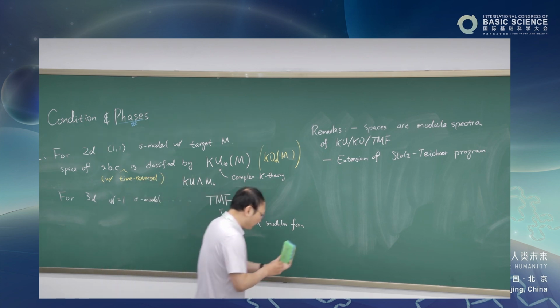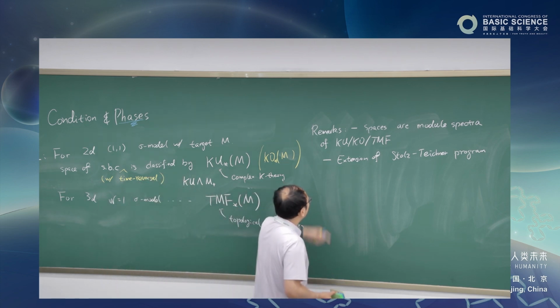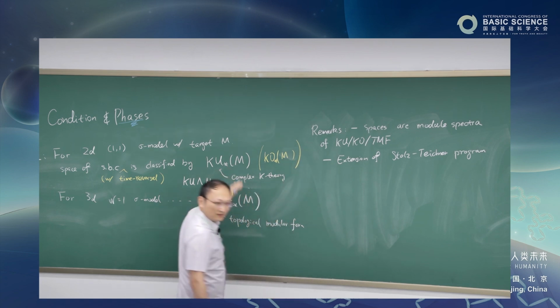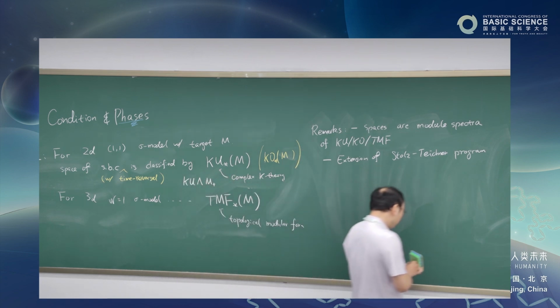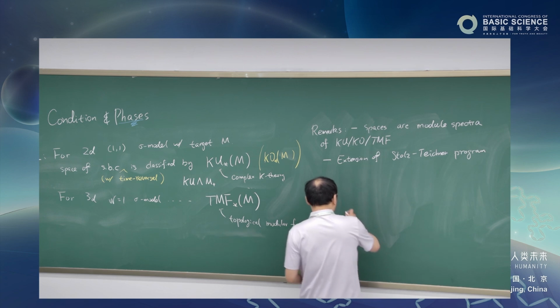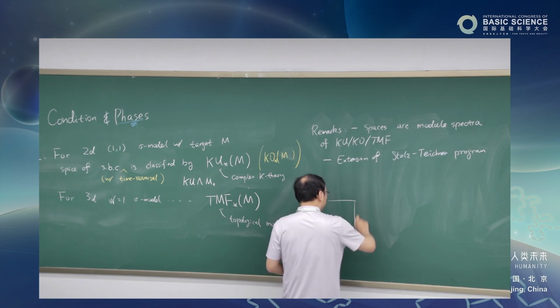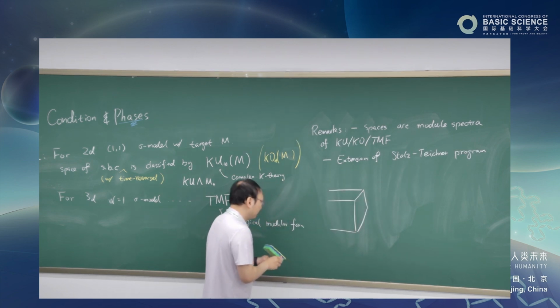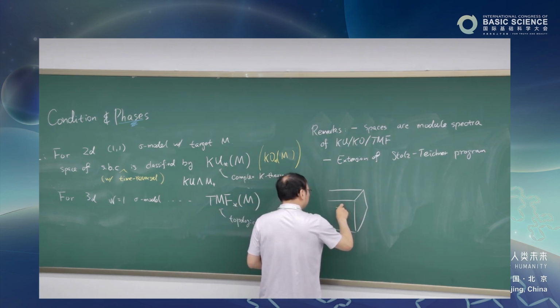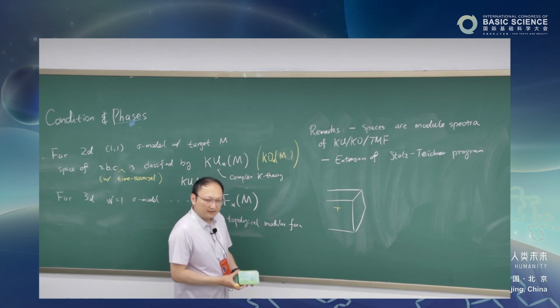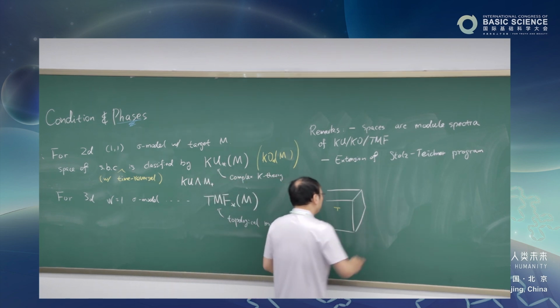So what is the physical motivation for this? If you look at a bulk theory, let's say T, you look at its space of all supersymmetric boundary conditions.